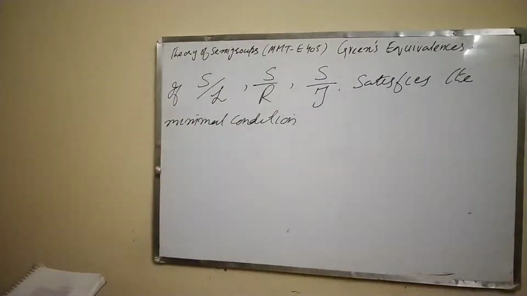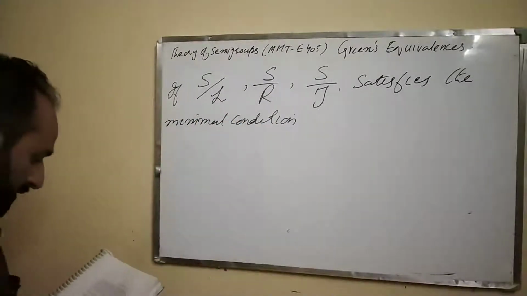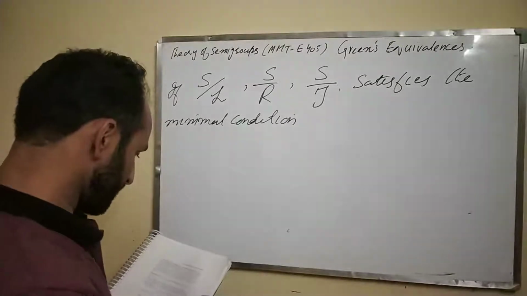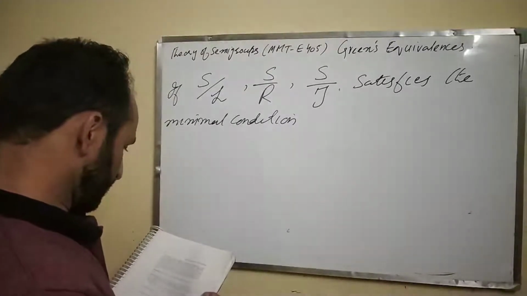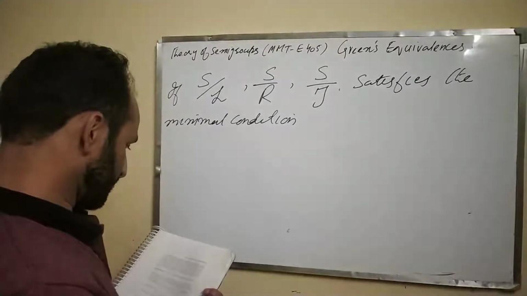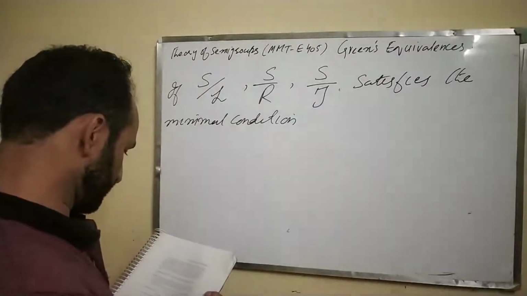If S over L, S over R, S over J possess minimal elements, then we say the semigroup satisfies the minimal conditions on principal ideals. Okay.